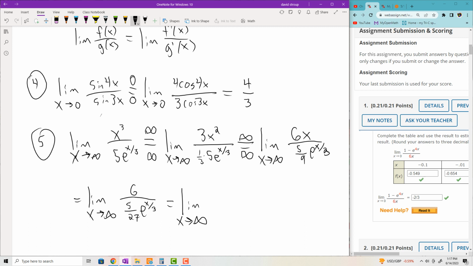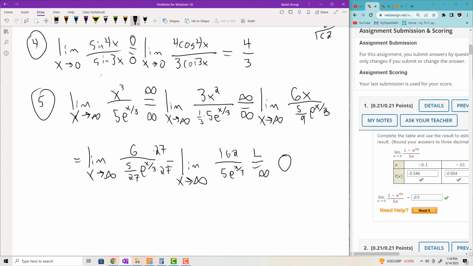So in the numerator, then I'll have 6 times 27, whatever the heck that is. 162 all over 5 e to the x over 3, or you can just think of it as multiplying top and bottom by 27. And so here the form is some constant over something going to infinity, and that's 0. Okay. Something small over something getting bigger and bigger and bigger will just be 0.